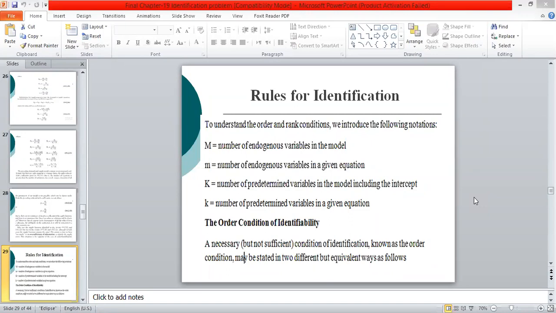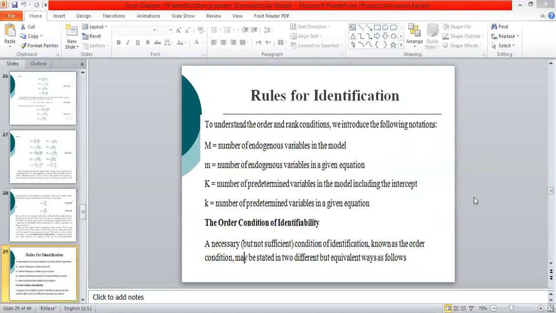Before moving to the order conditions, we have to introduce some notations and concepts. Let's say capital M is the number of endogenous variables in the model, and lowercase m is the number of endogenous variables in a given equation.